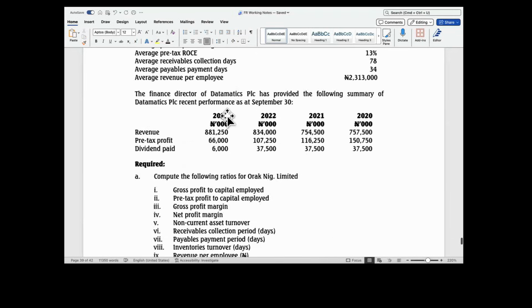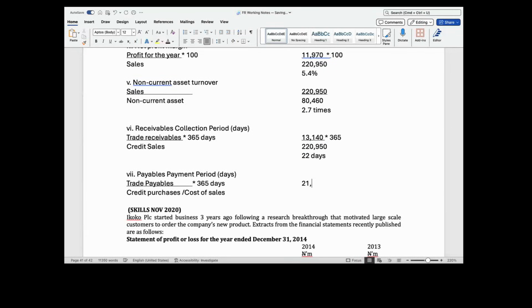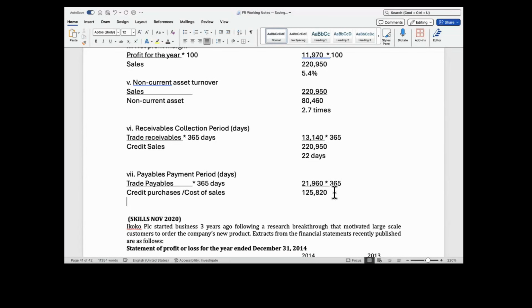So 21,960 all over 125,820 times 365 days. So how much is that? 61 days.